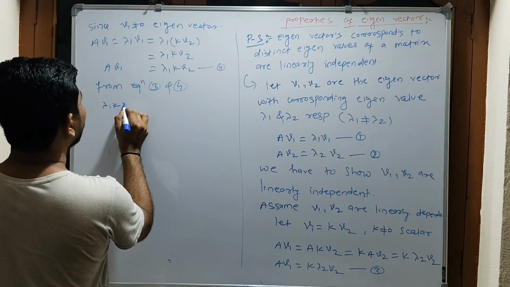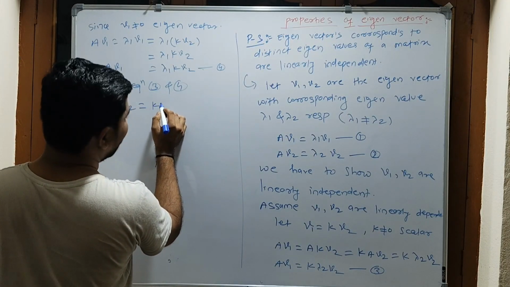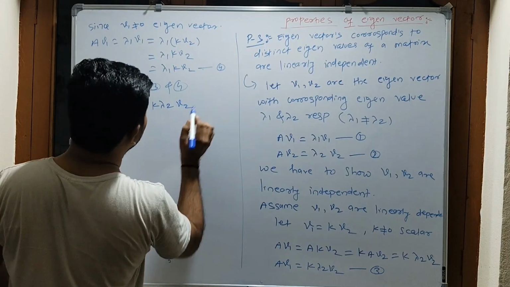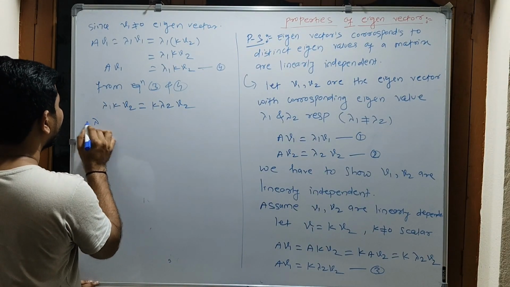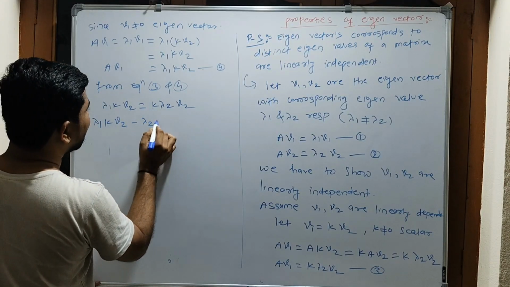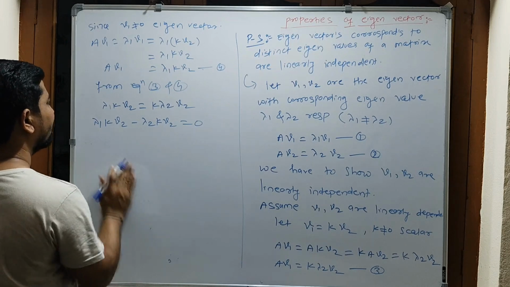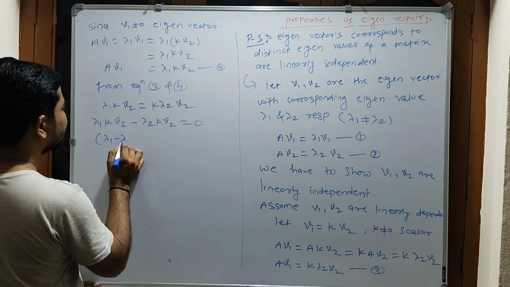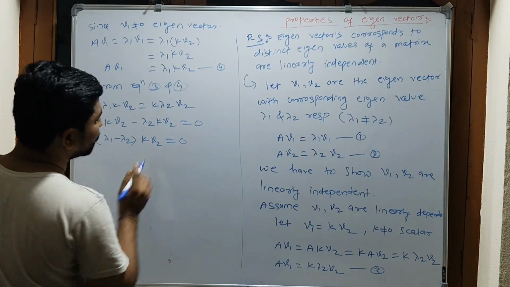Lambda 1 k times V2 must be the same as k times lambda 2 V2. So taking this as the left hand side, lambda 1 k V2 minus lambda 2 k V2 equal to 0. So can I take lambda 1 minus lambda 2 into k times V2 equal to 0.